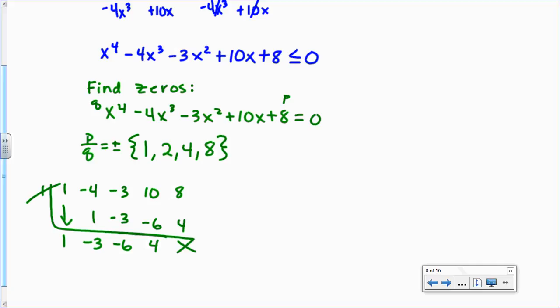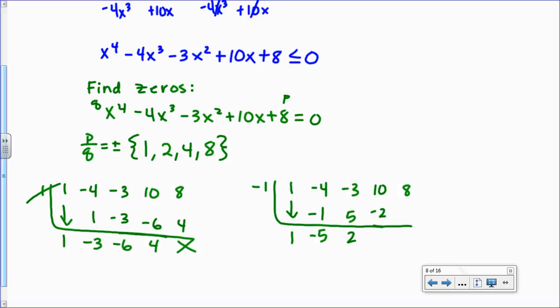All right, so try -1. Does -1 work? Yes. Okay, so I found 1.